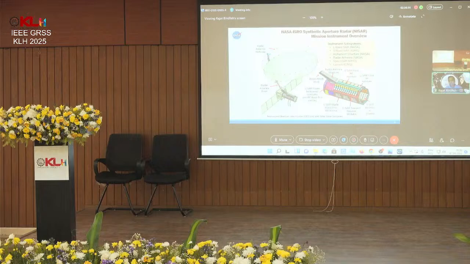NASA provides the instrument structure as well as the radar antenna, which is a 12-meter antenna. So it's a fairly big antenna. The spacecraft and the launch are being provided by ISRO. So it's an equal partnership between the two space agencies.